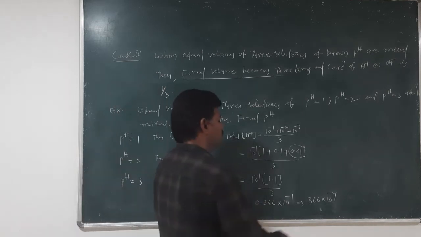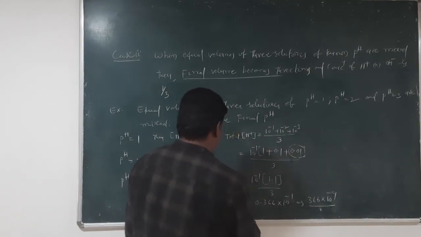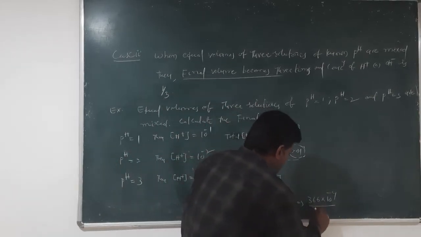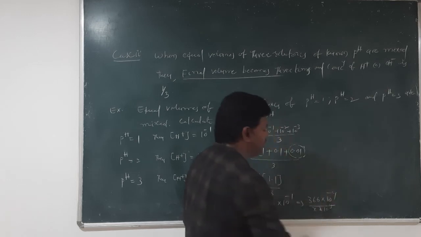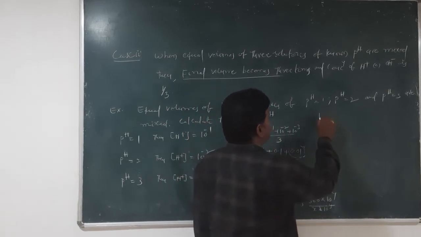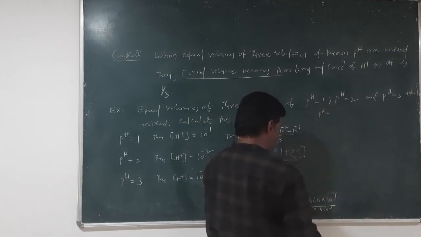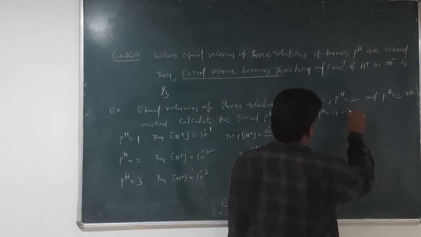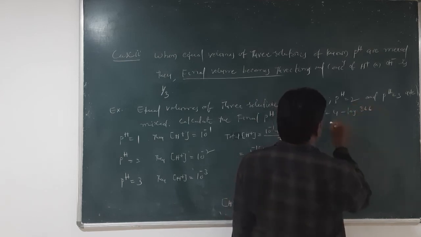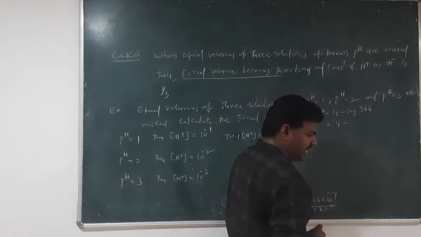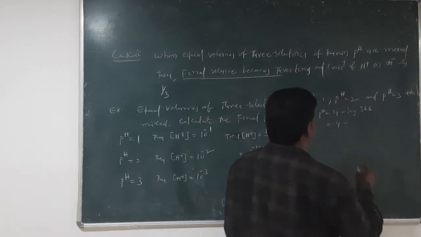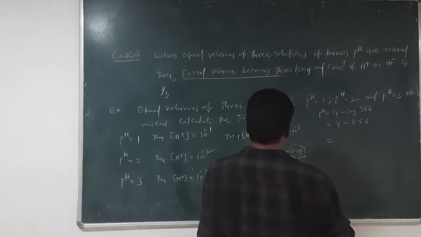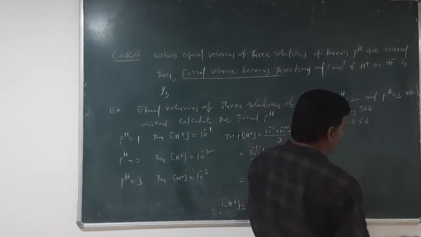Okay, so this is the concentration of H plus ions, and it is in the form of x into 10 power minus y. Then we can calculate the pH as y minus log x, that is 4 minus log 366, and the log 366 value is 2.56, and it gives the value 1.44.